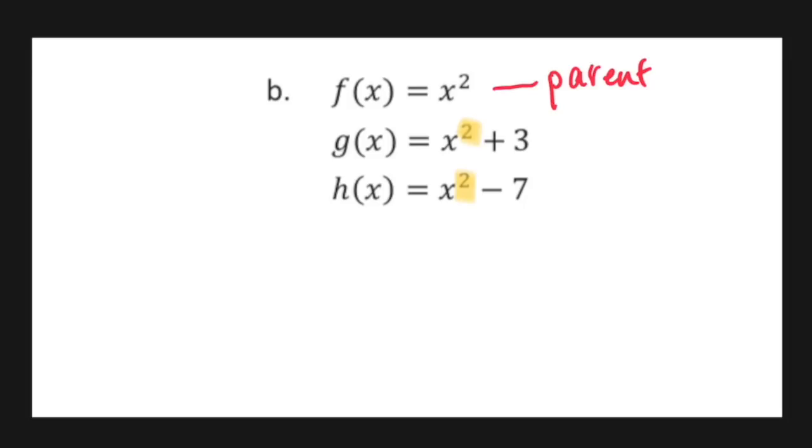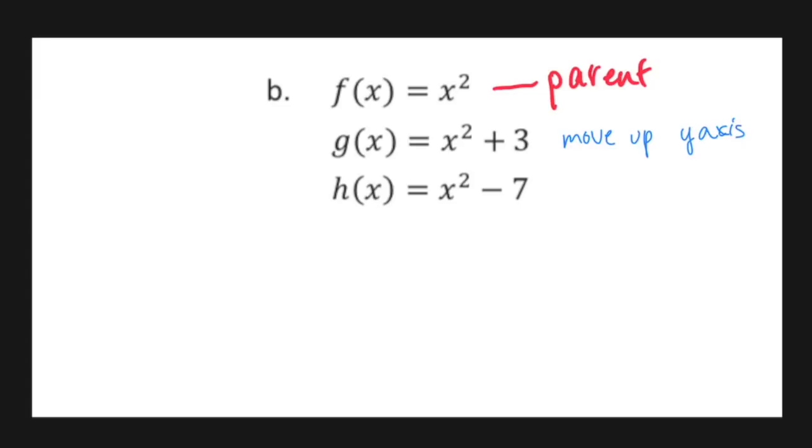And so because the adding or subtracting of a value happened after we're squaring our x's, you may remember that we used to say if it happens inside the parentheses or outside the parentheses, it's going to do something different. And so we're going to revisit that and think about how this is changing in the graph.